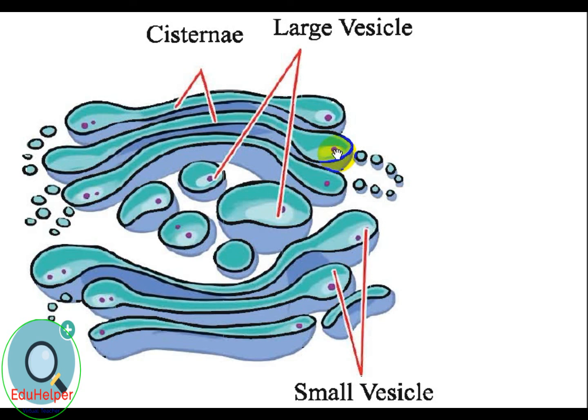The Golgi apparatus links carbohydrate with proteins coming from the endoplasmic reticulum to form glycoprotein. This process is called glycosylation. Lipids and proteins coming from the endoplasmic reticulum are complexed into lipoproteins in the Golgi apparatus.